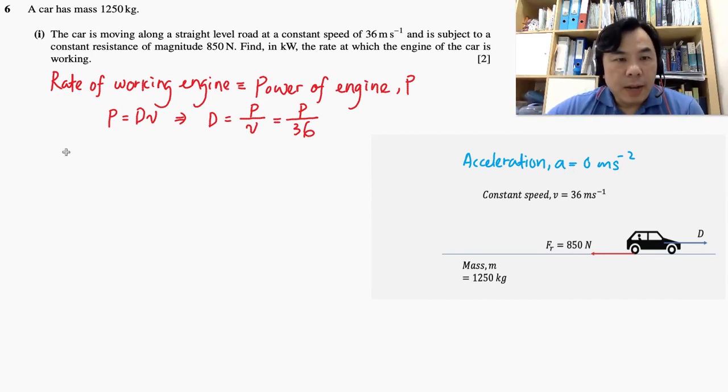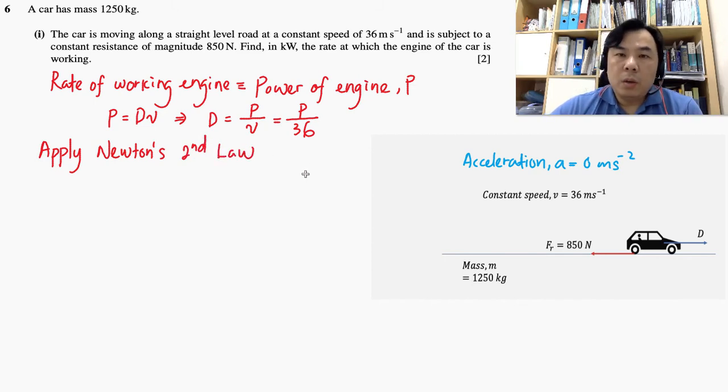Next, we're going to apply Newton's second law of motion. Newton's second law states that the acceleration is directly proportional to the resultant force. Therefore, I can represent it mathematically in this form.